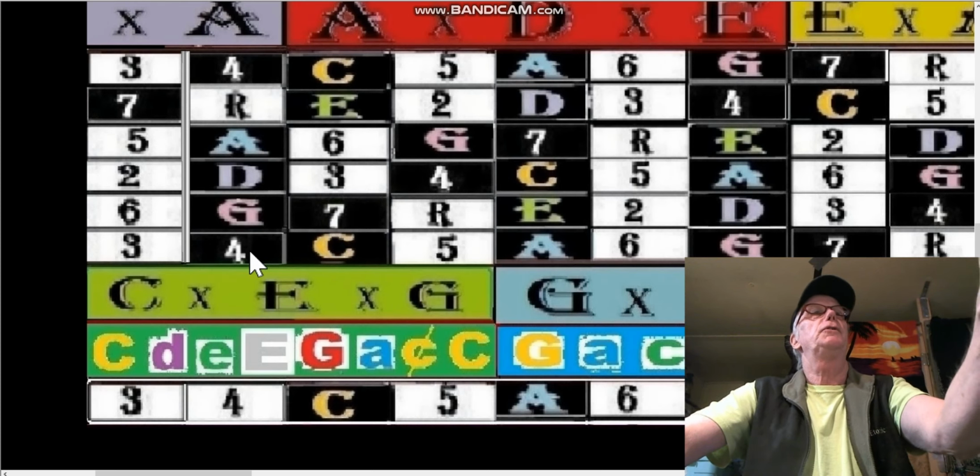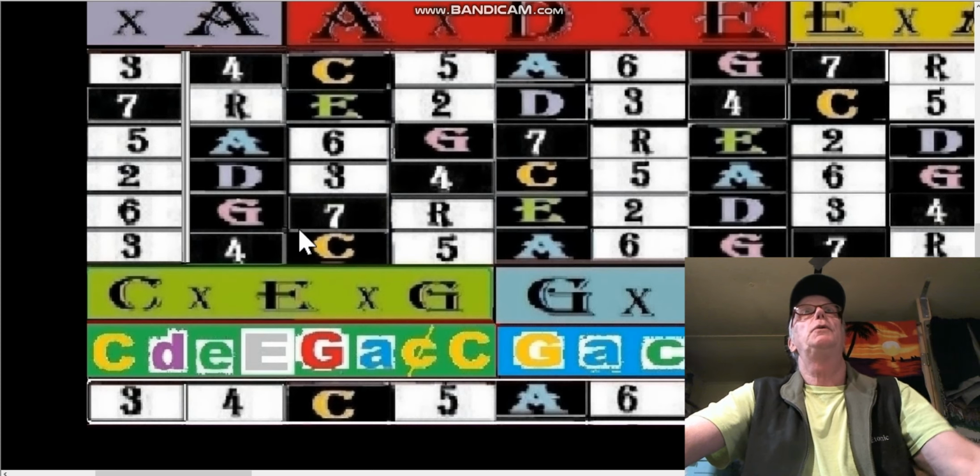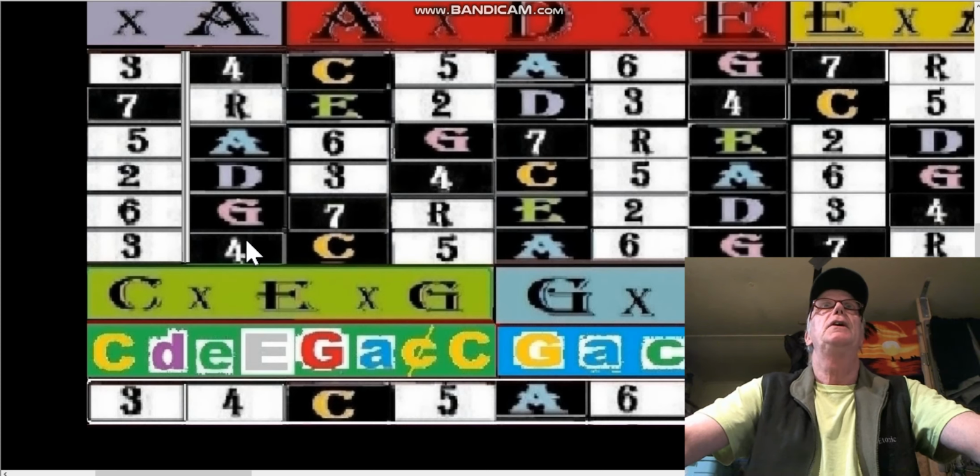So that inversion is like this. Okay, and it becomes 4, 7, 2 right there. So it's a C half diminished shape chord. So this is a half diminished shape chord.